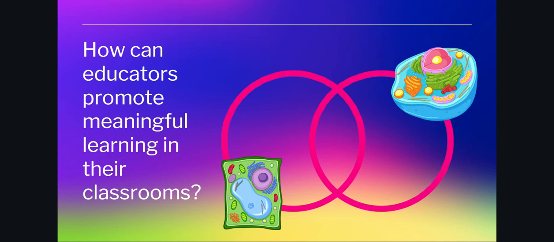This has now been updated to compare and contrast organelles found in plant and animal cells. Students are then given a Venn diagram to fill in with organelles that are found in plants, organelles that are found in animals, and organelles that are found in both plants and animals.